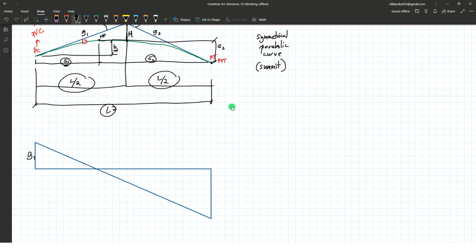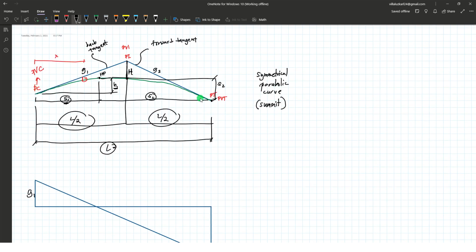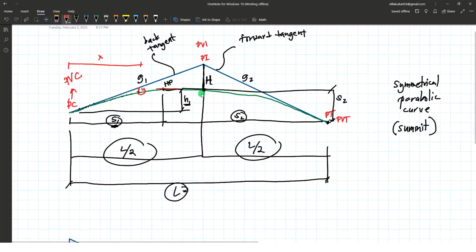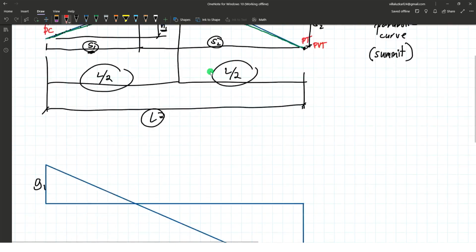As we continue the stationing from PC going to PT, the slope of the tangent at each point gradually changes constantly, where when we reach the highest point on the curve, we will have a zero slope tangent at that point.